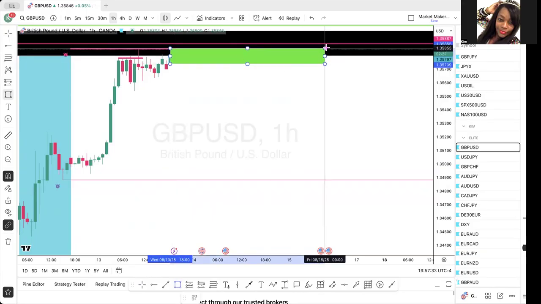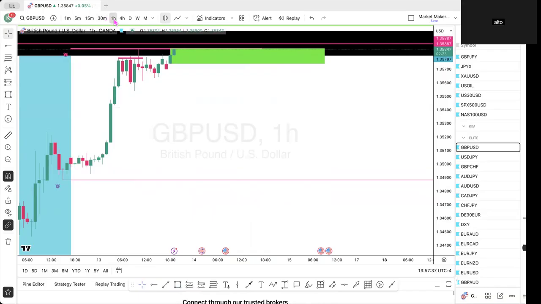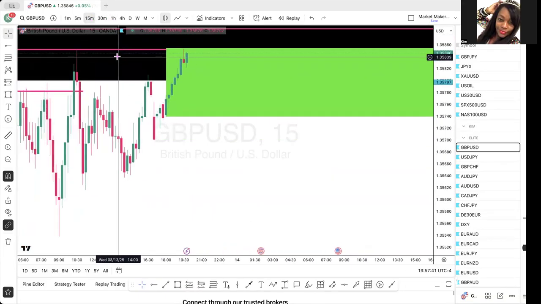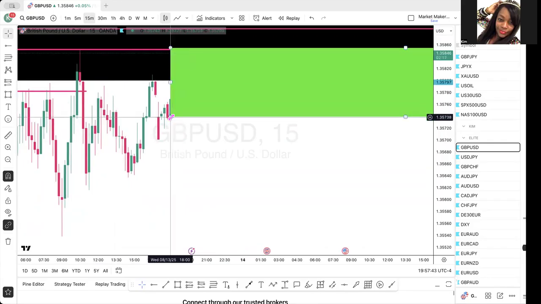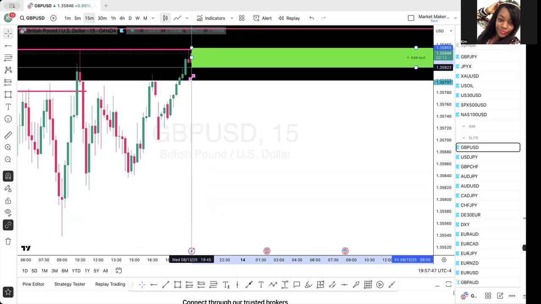So say these two candles are my supply zone. Let me just go to the 15-minute. All right. So I would be looking for the last up candle.